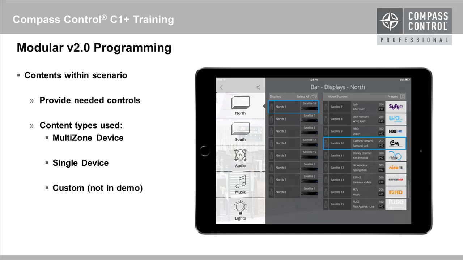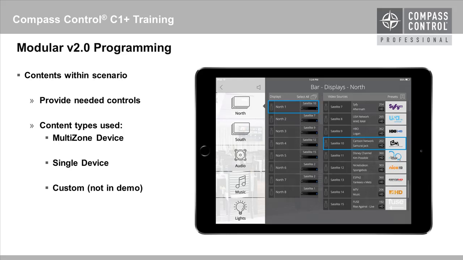This project will use 3 of the 4 content types. We're going to use the multi-zone device now, where we'll have the ability to control within the module space multiple outputs of our video matrix, multiple inputs of our video matrix, as opposed to the AV endpoint that we used in the presentation conference room demo in the previous video.